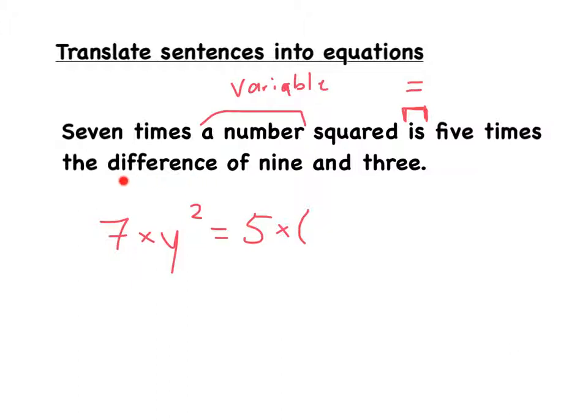Difference means that we're going to be doing some subtraction, so we're going to be subtracting 9 and 3. So, the way that we read this is 7 times a number squared is equal to 5 times 9 minus 3, or the difference of 9 and 3.